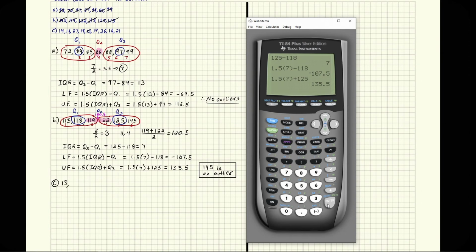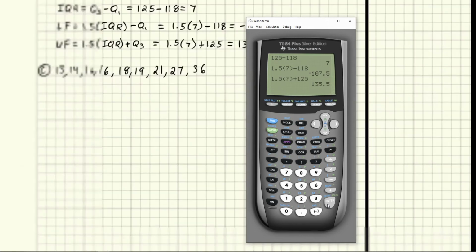And then our next number is 14, followed by 2 16s here and here. We've got an 18 and a 19 here and here, followed by 21, 27, 21, 27, and finally we have a 36.